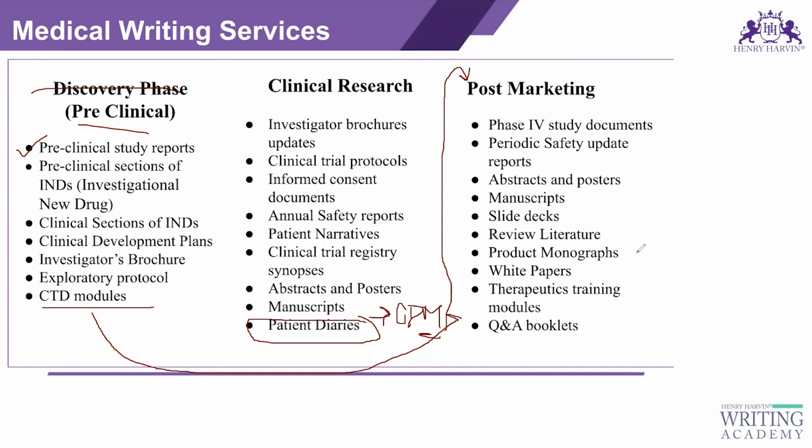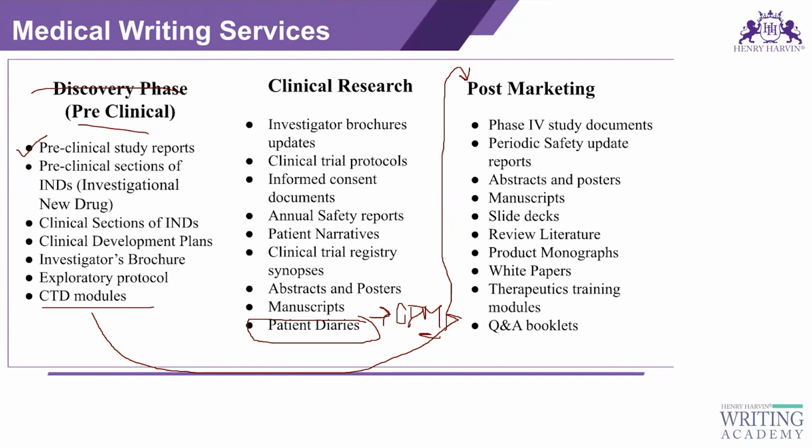Then next, once the clinical trial process is complete, the drug is ready for marketing. So what are the documents required other than the applications which are submitted? First is the phase 4 study documents. Whatever documents are required for phase 4, like pharmacovigilance, a risk management plan, RMP, and a report on pharmacovigilance studies, which is submitted by the marketing authorization holder to the regulatory authority.